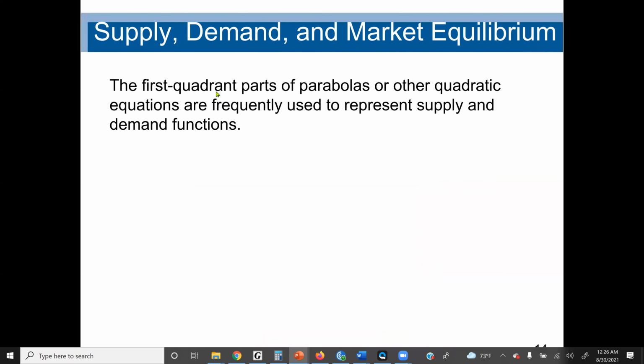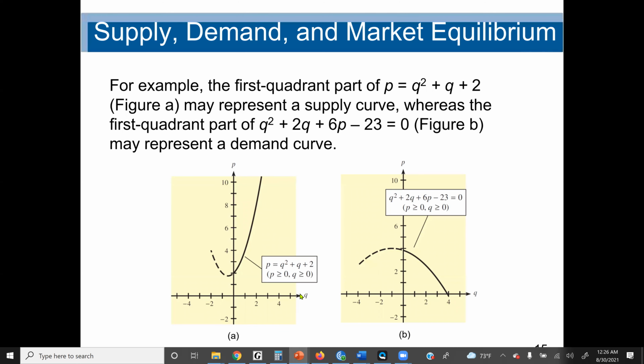Here we say the first quadrant parts of parabolas or other quadratic equations are frequently used to represent supply and demand functions. Previously we did the same problem, finding the market equilibrium with supply and demand functions in simple equations, that's equations which are straight line graphs. The same idea we are doing here.